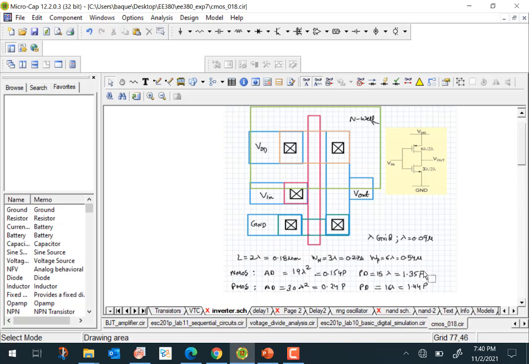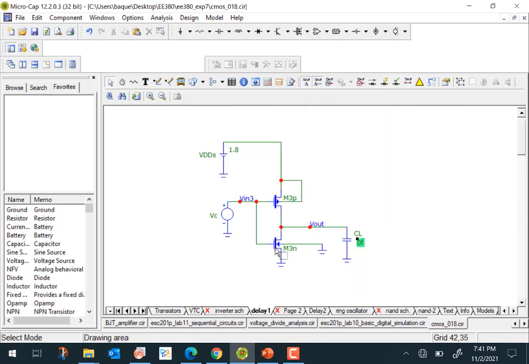Sorry, this is 1.35 micron, and this is also 1.44 micron. So correct that, it is in microns. The area of the drain is in picometer square, while the perimeter is in microns. To calculate the delay, you have to enter those values here.